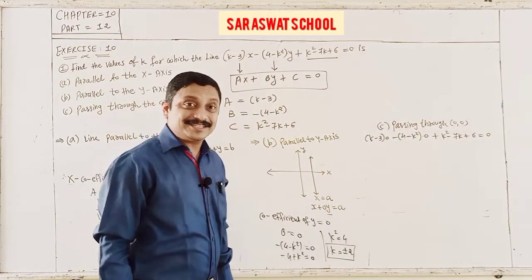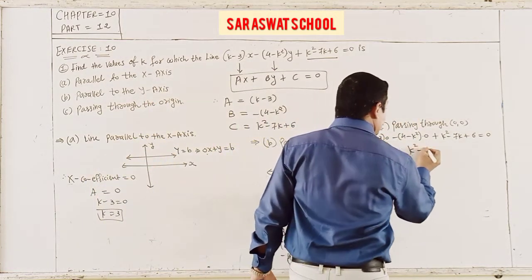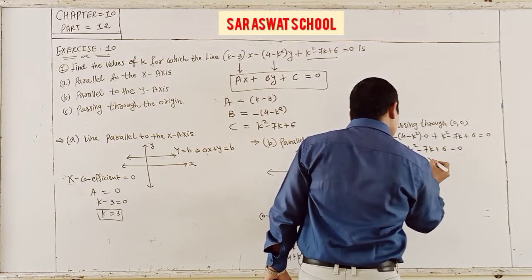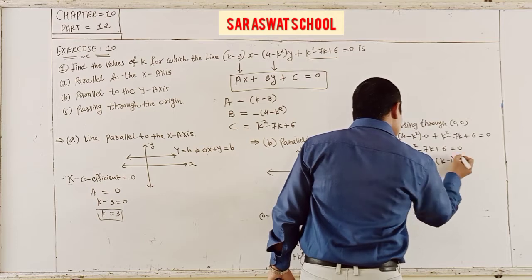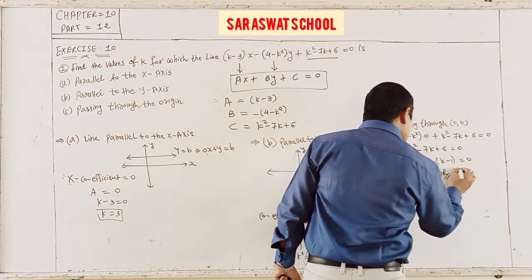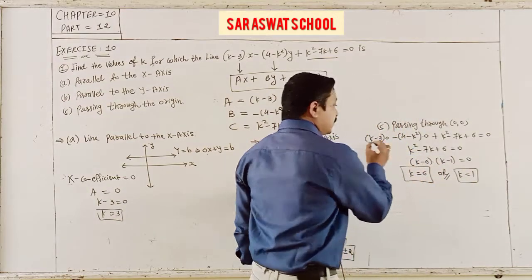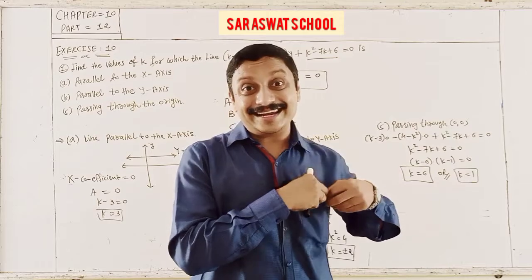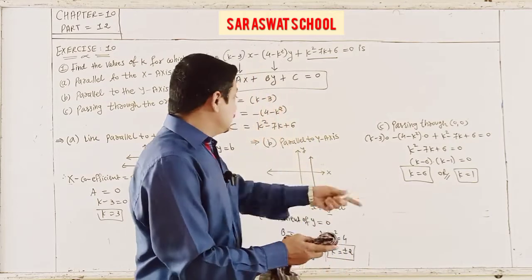Exactly, that is the 0 value. And you take splitting, so k is equal to 6, otherwise k is equal to 1. Both answers are the same and equal. Now correct that. Students, you have the 3 marks question done.